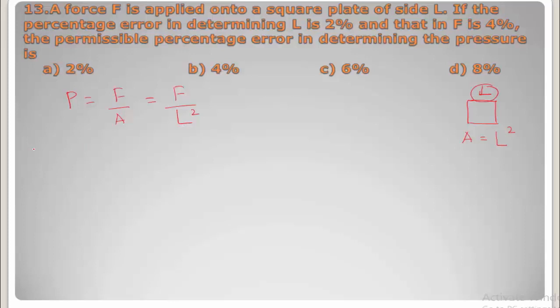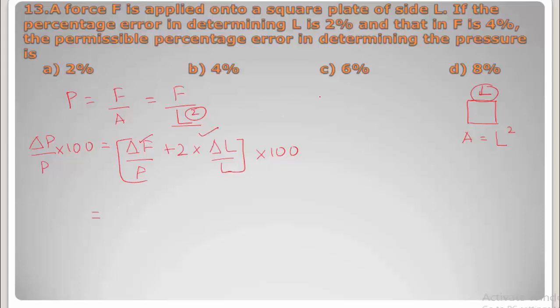Now write the formula for percentage error in pressure. Delta P by P into 100 equals delta F by F plus 2, because the power of L is 2, into delta L by L, into 100. Okay, this 100 is for both the terms.